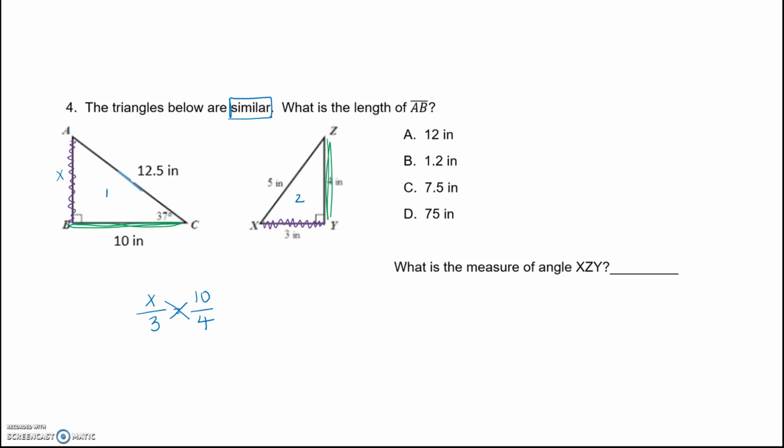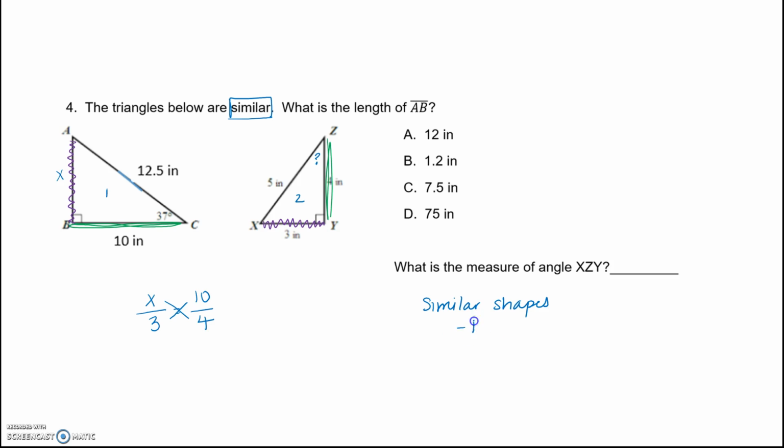Now this piece over here, it says, what is the measure of angle XZY? So it's asking for this little angle here. And the way you can figure this out is by knowing that similar shapes have 2 characteristics.